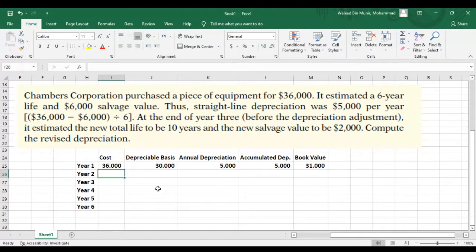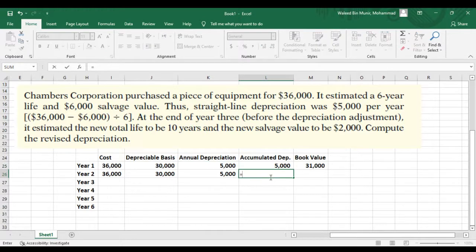Second year, what is the cost? Same thing. Depreciable basis is same thing. Annual depreciation is also same thing.